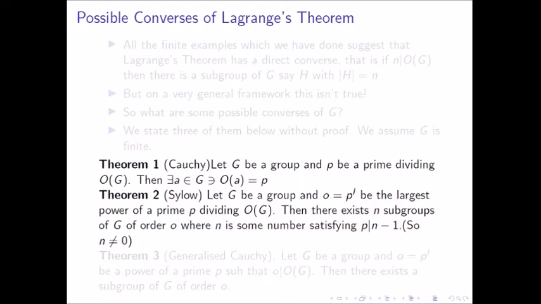As P divides n minus 1 and P does not divide minus 1, it turns out that n can never be 0, because P cannot divide n minus 1 if n is equal to 0, as P is a prime.